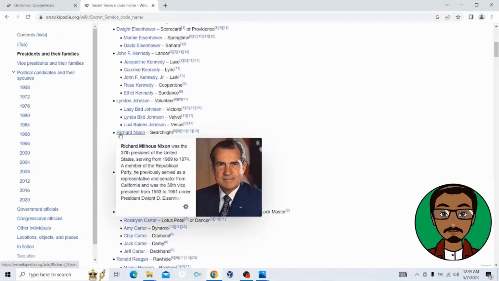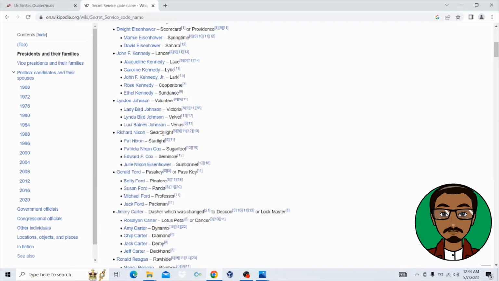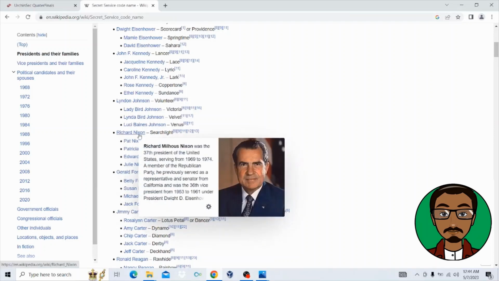So here is Richard Nixon, SearchLight, and from the image that we can see here, there already are years that are very visible on the image. There is 1969 to 1974, there is 1953, and there is 1961.